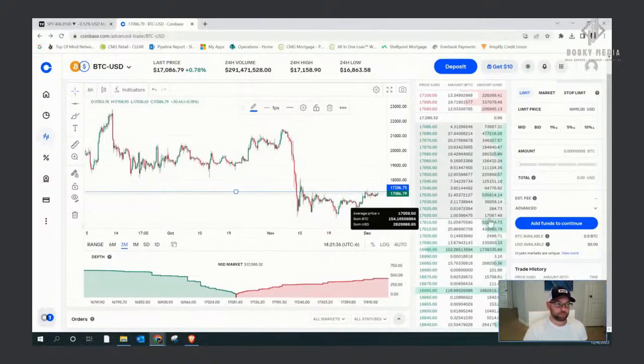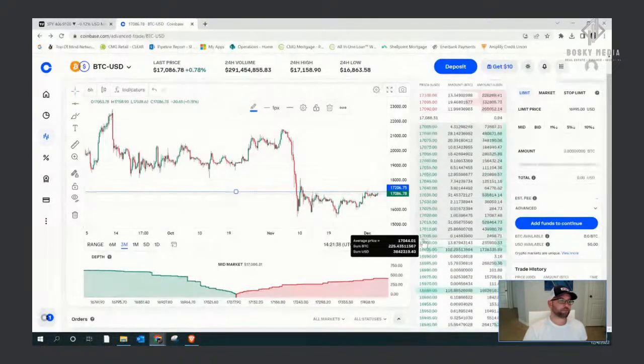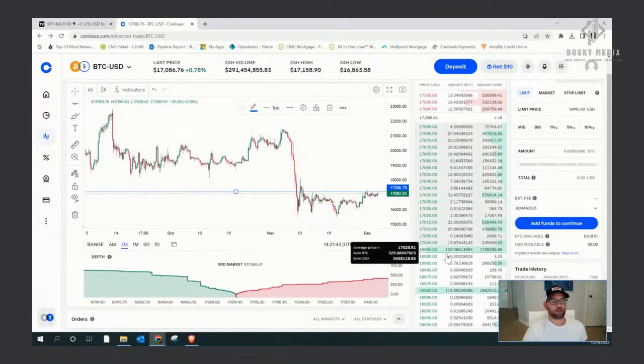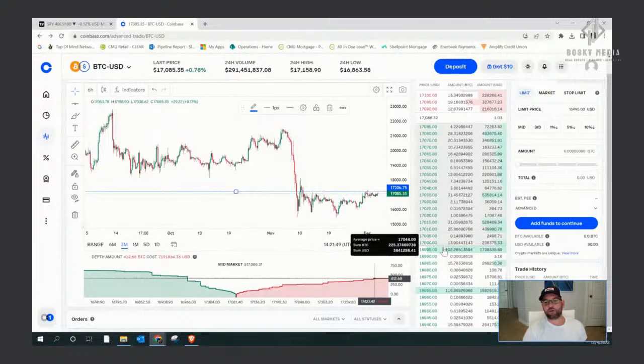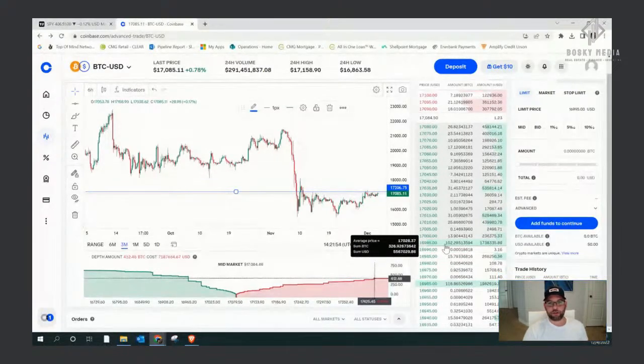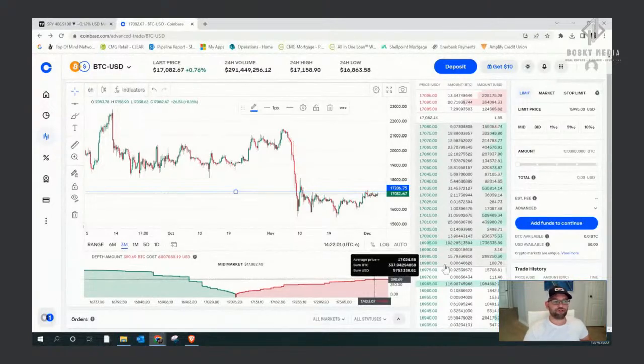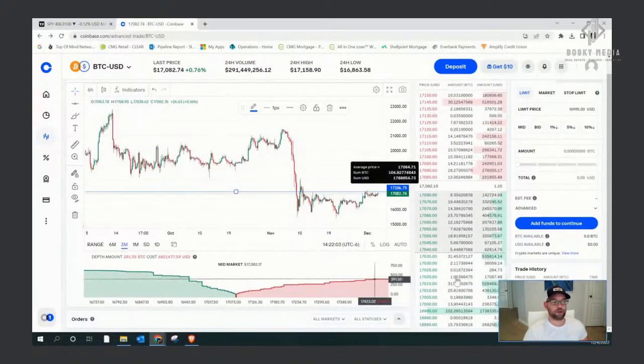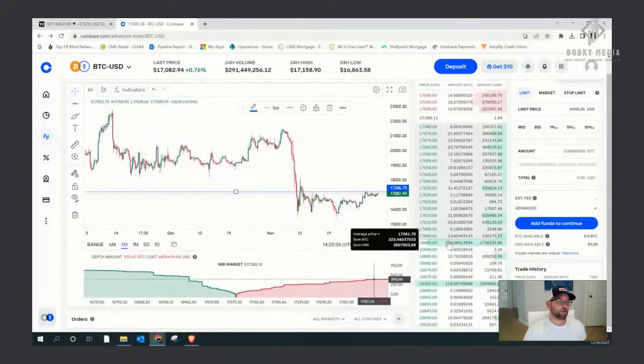Look, just since we've been here, that big 100 buy order that was at 17,010 has already moved to 16,995. That quickly, these things can be moved, because most likely this is a bot, a market maker just trying to keep price action between these two levels. So don't get fooled by these order books.